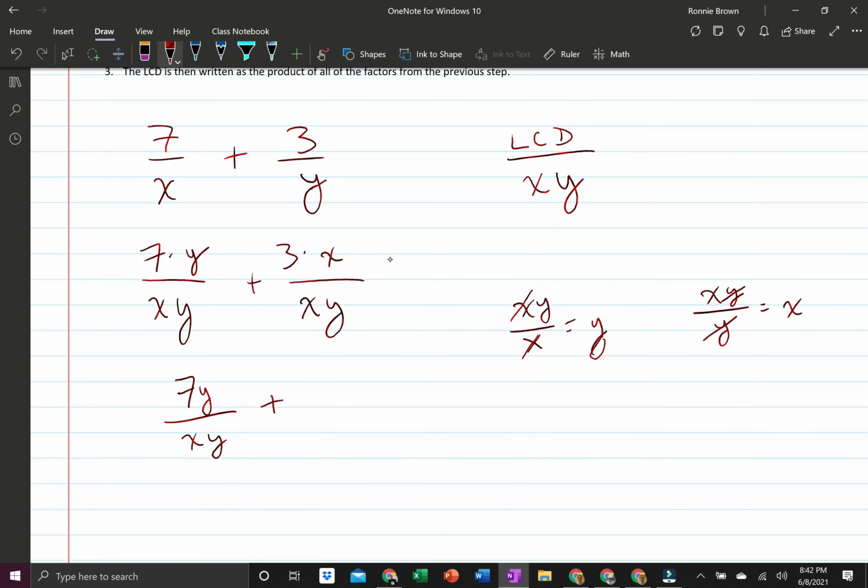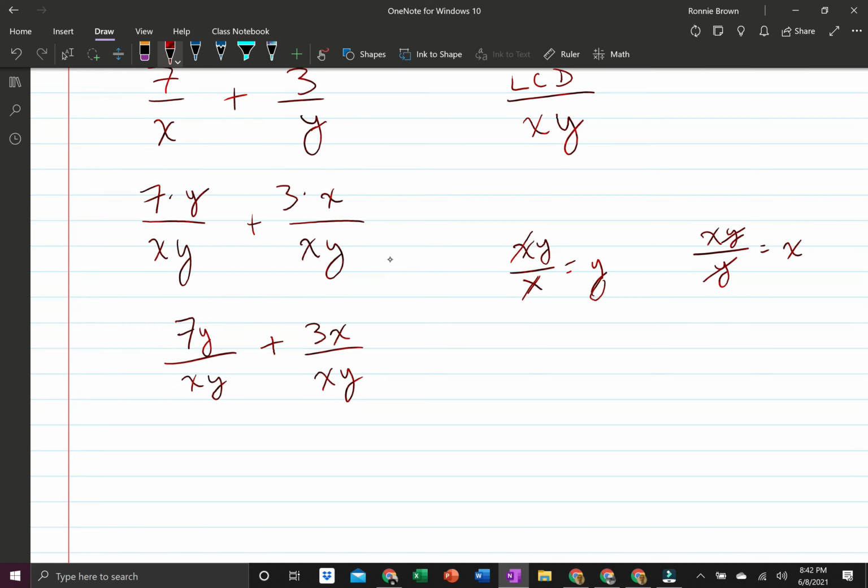The new numerator for the second is 3 times x, which is 3x, still written over xy, the LCD. Now they have the same denominator, so it's similar to part 1 where we write them as a single fraction. So now we have 7y plus 3x over xy. From the way it looks, I can't combine those. Those aren't like terms, so there's nothing else I can do, and that's our solution.